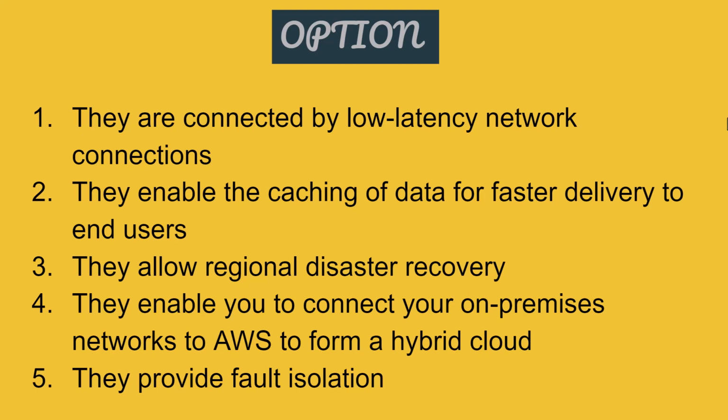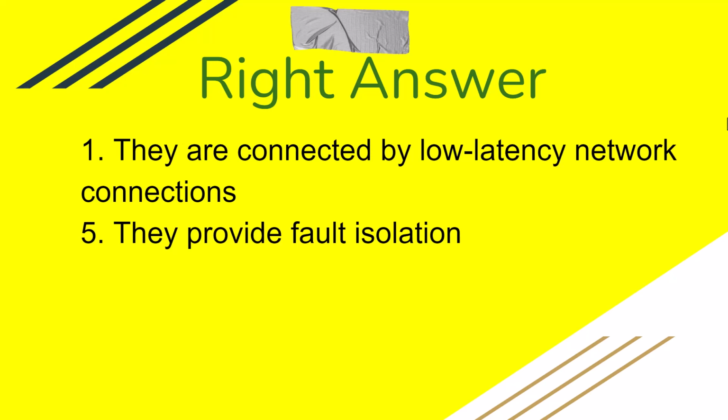They enable you to connect your on-premises networks to AWS to form a hybrid cloud. 5. They provide fault isolation. Right answer is 1. They are connected by low-latency network connections. 5. They provide fault isolation.